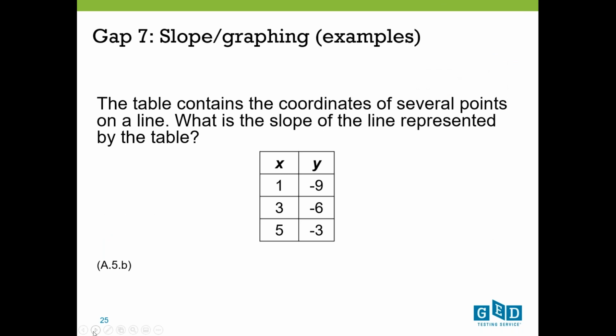Thank you. Okay, here's a fairly standard A5B problem. There's 3 points in the table. What is the slope of the line represented by this table? And this is a good point for me to tell you, for those of you that weren't here in session 1, the formula sheet is one of the handouts. Susan, you can correct me if I'm wrong on that when I'm done with this.